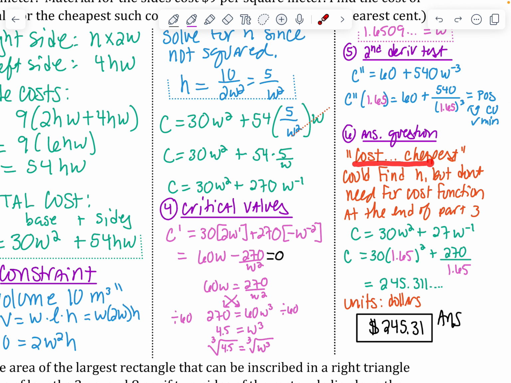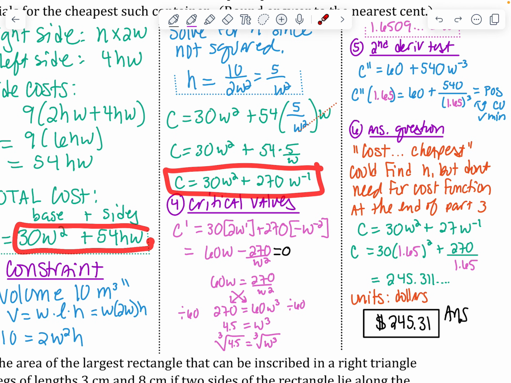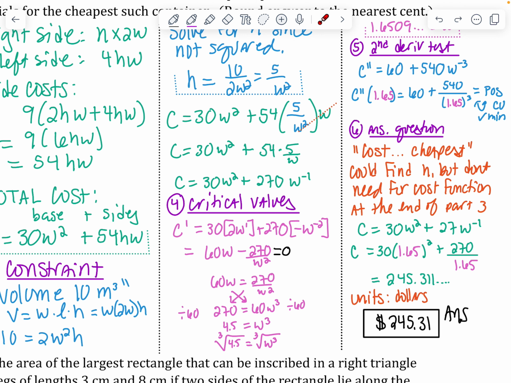Now to answer what was asked. I was asked to find the cost that would be the cheapest. I don't know what the height is, I only know what the width is. So you could find the height, or instead, look at what we did at the end of part 3. At the end of part 3, the function I used did not have H, so I could go ahead and just plug my W of 1.65 meters into that portion, and I end up getting this answer.